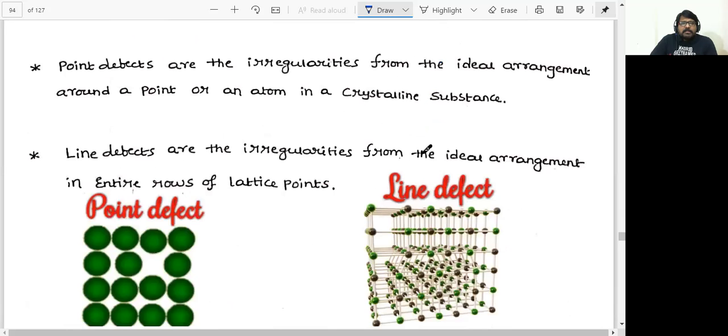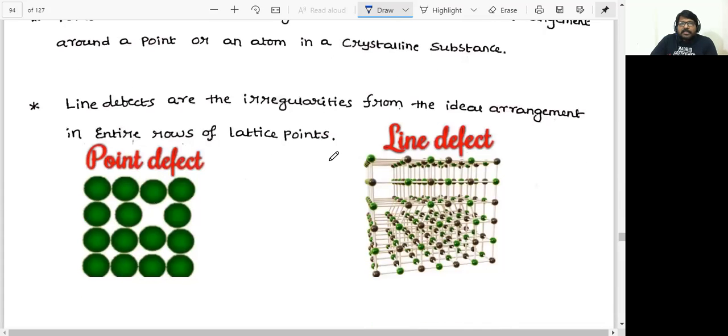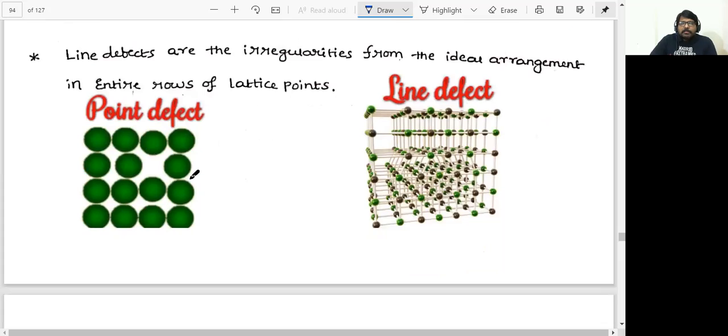So what is the fundamental difference between point defect and line defect? You can understand easily with the help of this figure. In case of point defect, the deviation is found only at one point in the given crystal structure. But in case of line defects, you can observe this particular diagram. Line defects are the irregularities from the ideal arrangement in entire rows of lattice points.